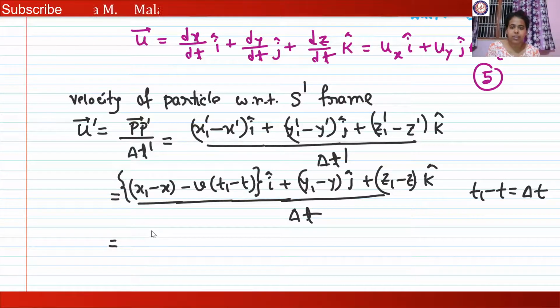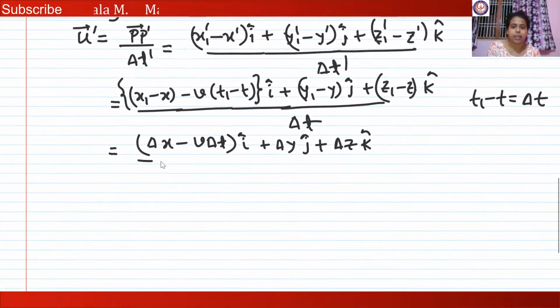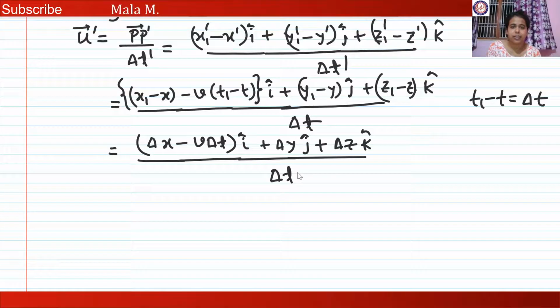So x1 minus x, as I have already told, delta x minus v into delta t i cap plus delta y j cap plus delta z k cap divided by delta t.